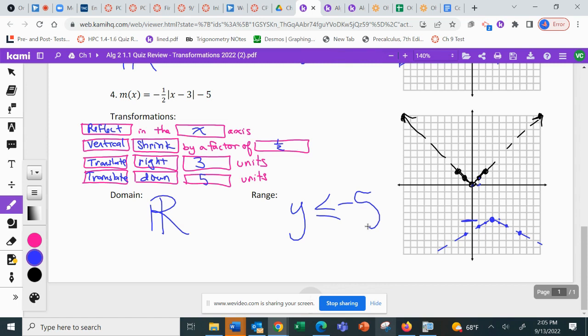So one more time, the assignment that goes with this, the quiz review, you will actually type in answers other than the graphs. And you will have multiple times to do it. So if you want to just type in the first one and just make sure you're doing it right, and then type in the second one, make sure you're doing it right. You can type them in one at a time if you want and submit each time.